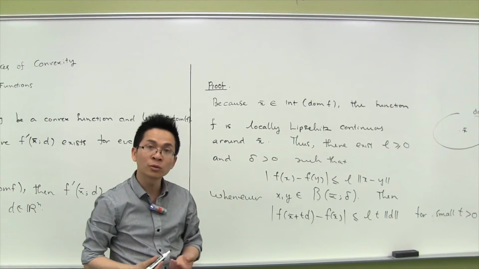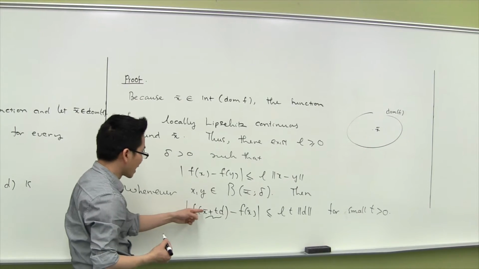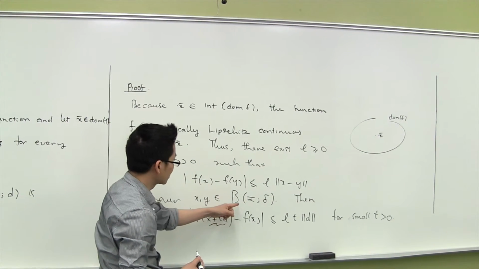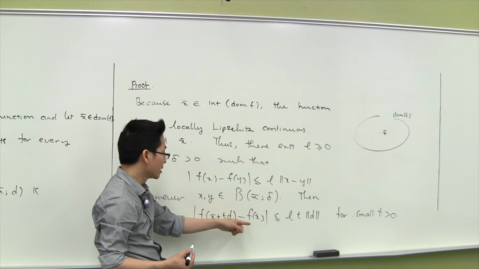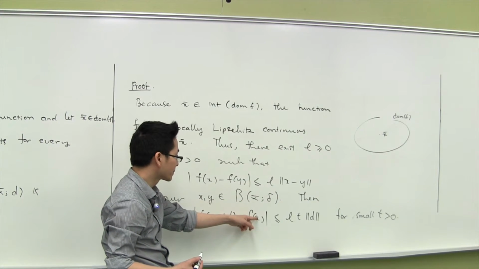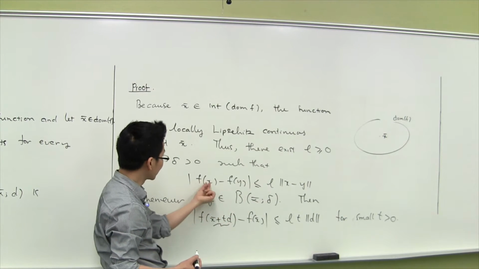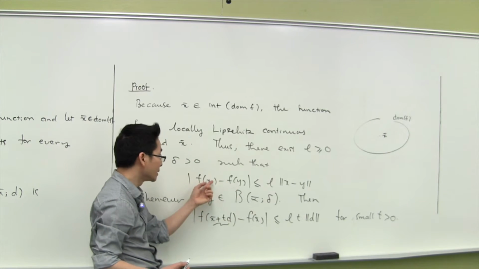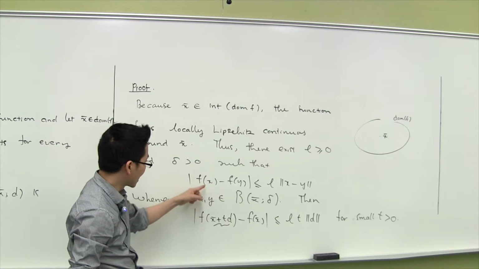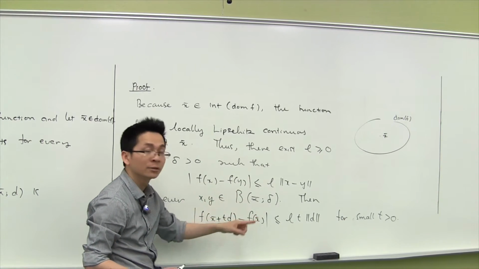Okay. How come this is true? Because for t sufficiently small, x bar plus t times d belongs to the ball with center at x bar and radius delta. And obviously, x bar is in this ball. Okay, so then we can obtain this inequality by applying this inequality where x is equal to x bar plus t times d and y is equal to x bar.